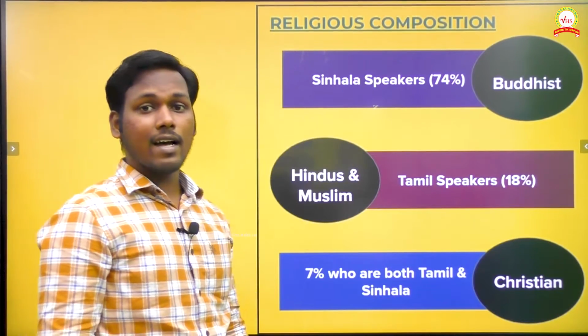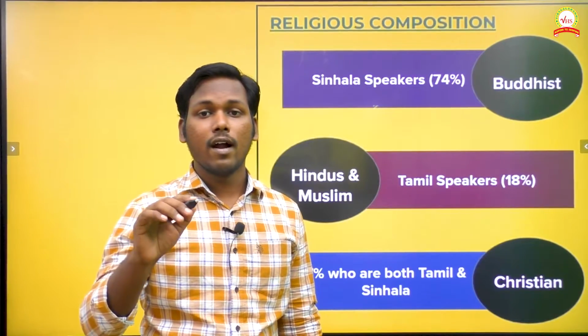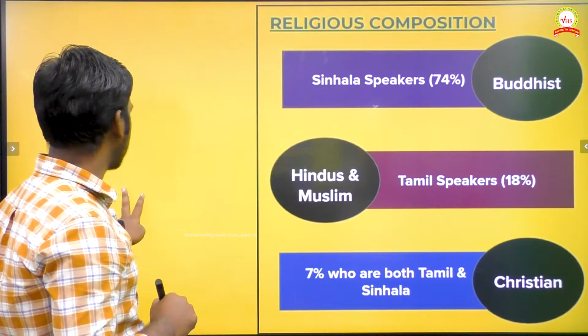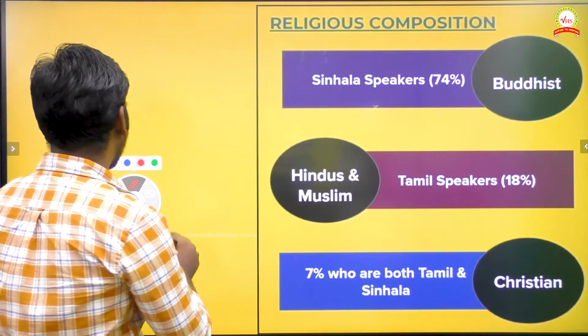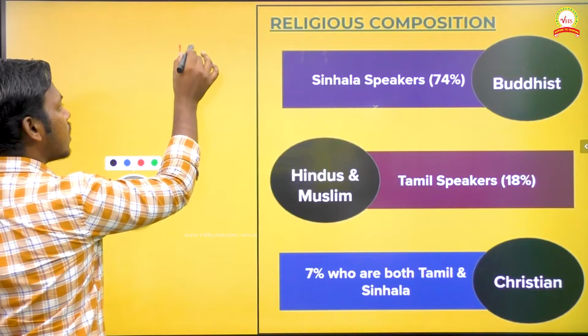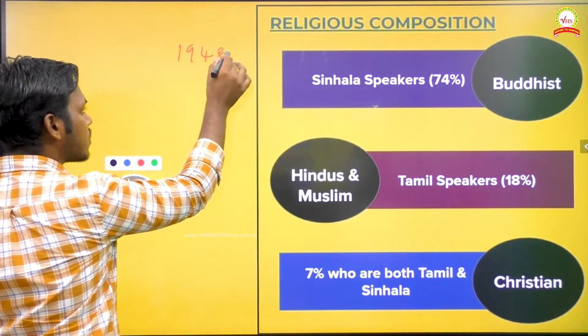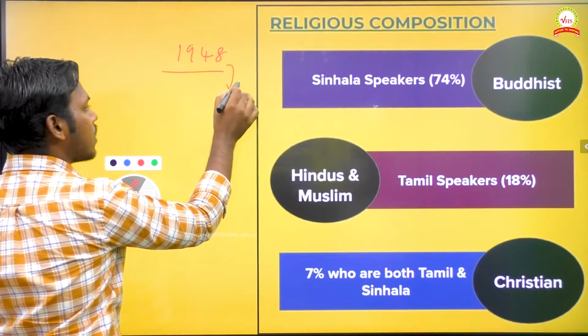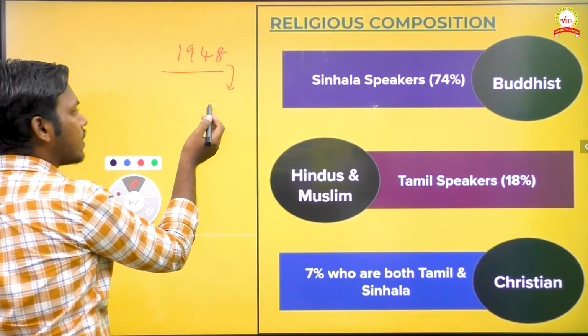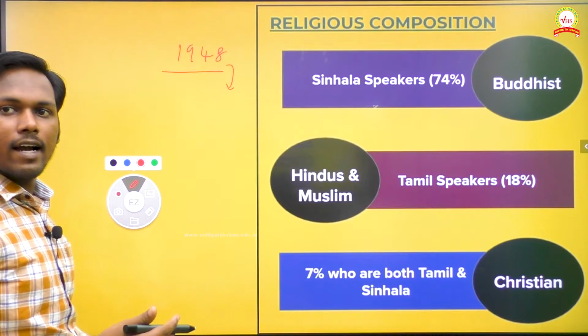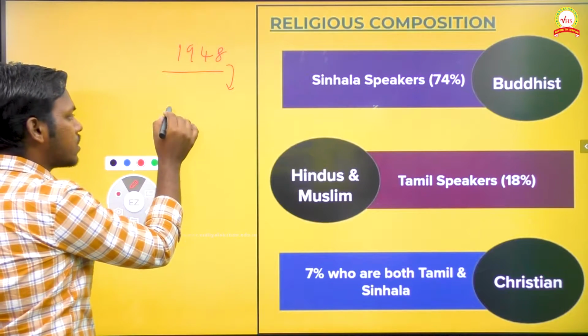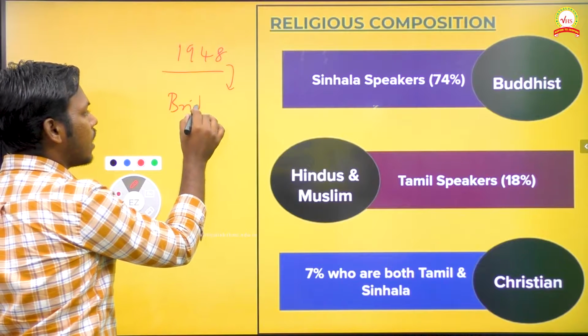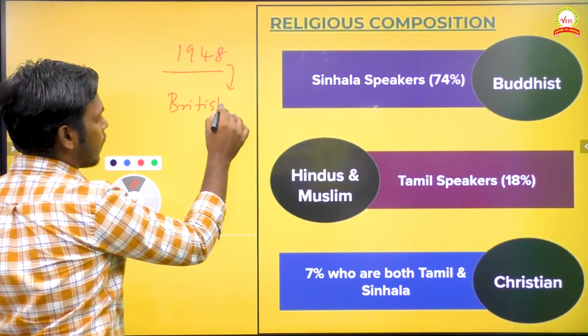Sri Lanka got independence in the year 1948, which is almost like India, children. It got independence in 1948, just a year after India, from the Britishers. The same Britishers had colonized it.